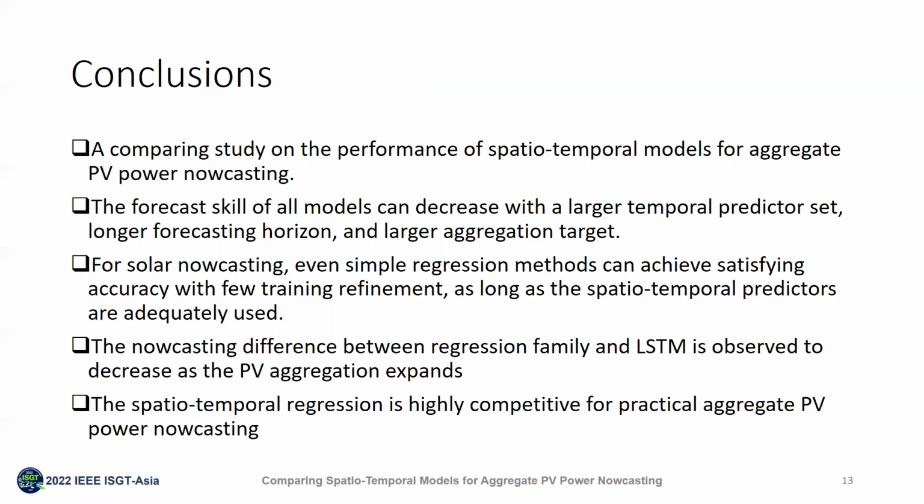For solo nowcasting, even simple regression methods can achieve satisfying accuracy with little training, as long as the spatial-temporal predictors are adequately used. And the nowcasting difference between the regression family and LSTM is observed to decrease as the PV aggregation expands. Therefore, spatial-temporal regression is highly competitive for practical aggregate PV power nowcasting.